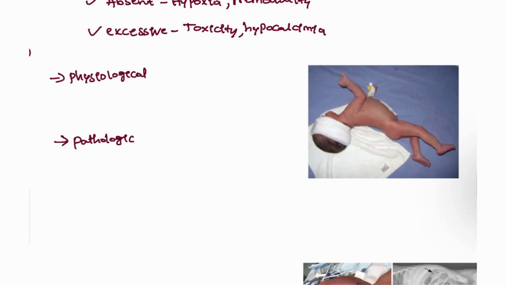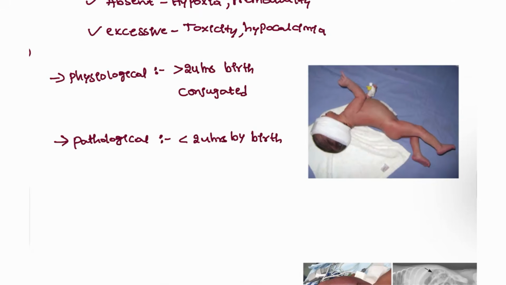Physiological jaundice means the baby has jaundice after 24 hours of birth, whereas in pathological jaundice, it appears in less than 24 hours, or the baby even has jaundice at birth. And what is the difference between these? Usually in one there is conjugated bilirubin elevation, and in the other unconjugated bilirubin is elevated.